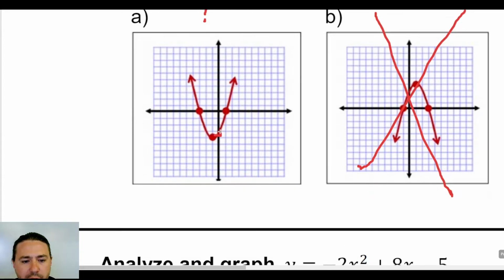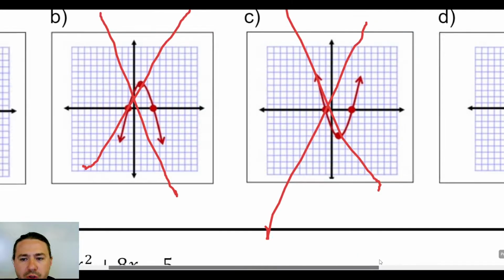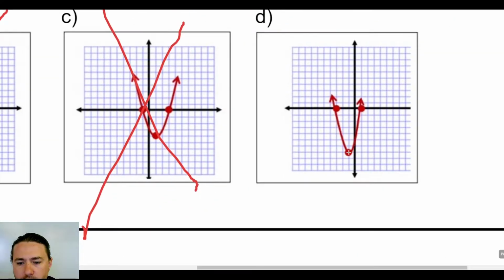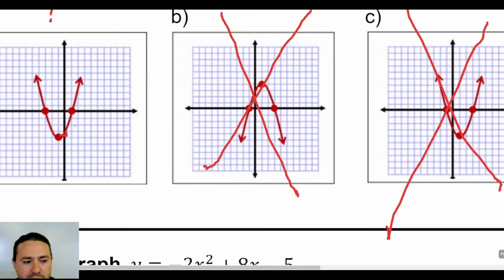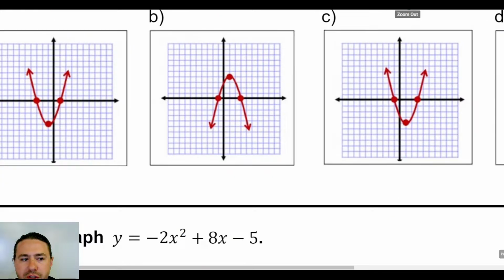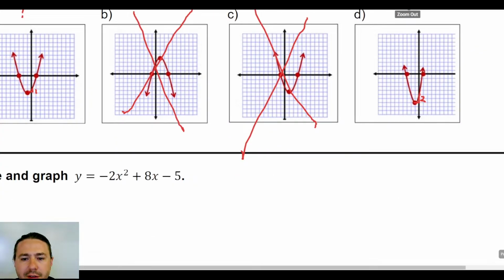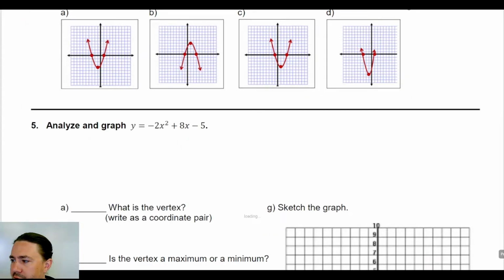So this is going to be our answer A. But if we compare that to choice D, if I go over 1, I'm going up 2. So this would be like if the a value was a 2. So you see how we're going up 2 there versus going up just 1 on this one. So we can determine that, in fact, the answer here is A.